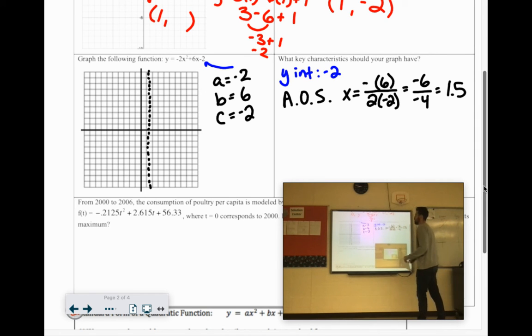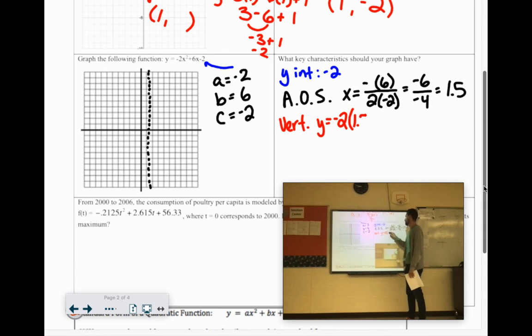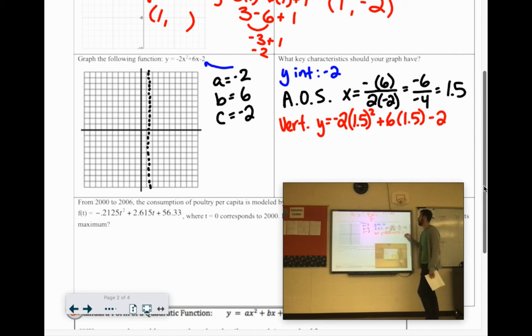So let's see, 1.5. Now we need to find the vertex. So that's where we substitute this 1.5 in. So y equals -2 times 1.5 squared plus 6 times 1.5 minus 2. Oh boy, might need to grab a calculator here. 1.5 squared is 2.25.